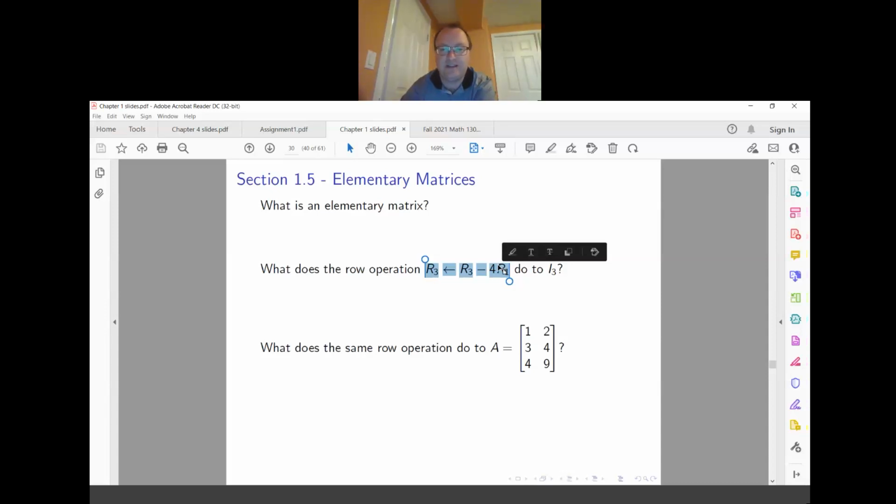What do you get if you take the 3 by 3 identity and you perform row 3 minus 4 row 1? What matrix do you get?